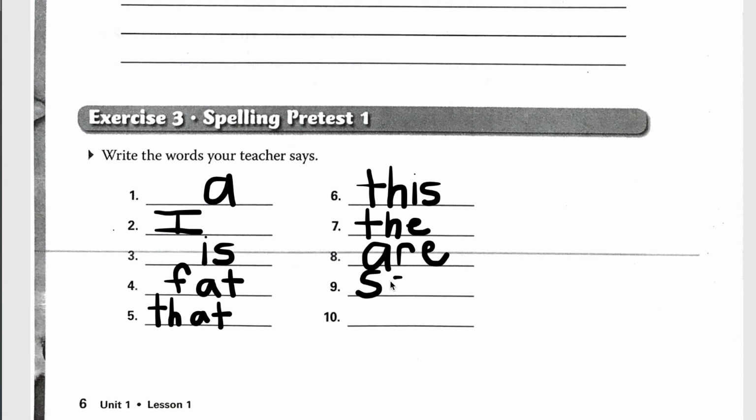S. A. What's that last letter? T. Good job, guys. Number 10, last one. Tab. He turned to the page with the tab. How do you spell tab? T. A. What's that last sound? B. Great job, everyone.